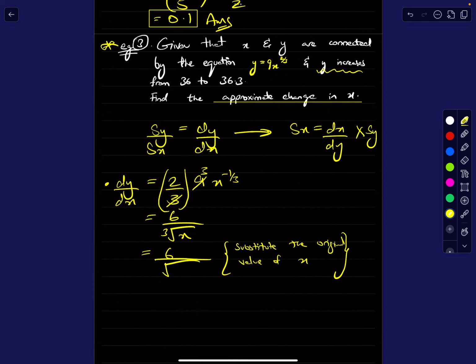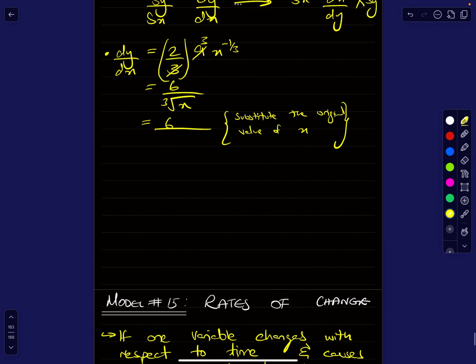So I have 36. Oops. So the cube root of 36. Okay, so this is the mistake you guys made. This was the original value of y, rather, and this is not the original value of x.